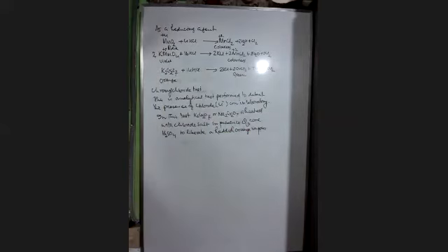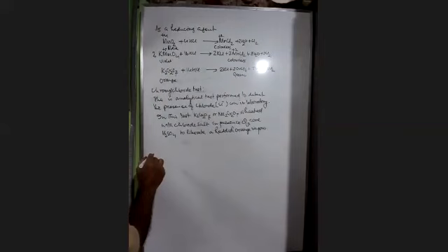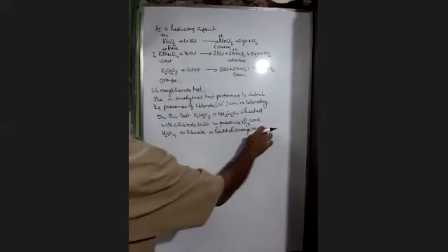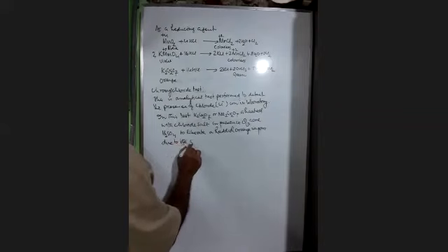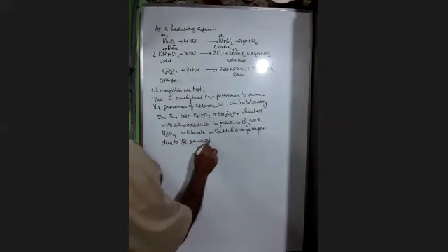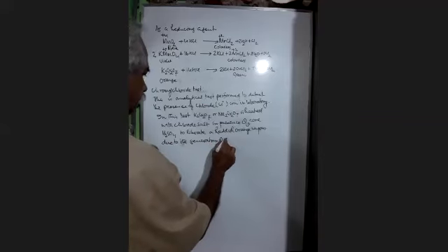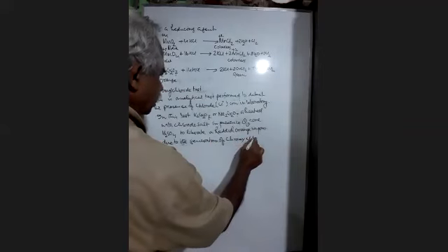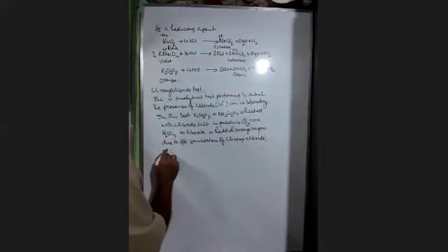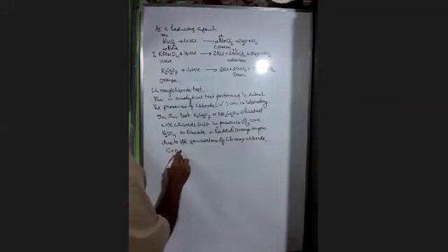If the reddish orange vapor comes, then we know the salt is a chloride, due to the generation of chromyl chloride. What is the formula? CrO2Cl2.